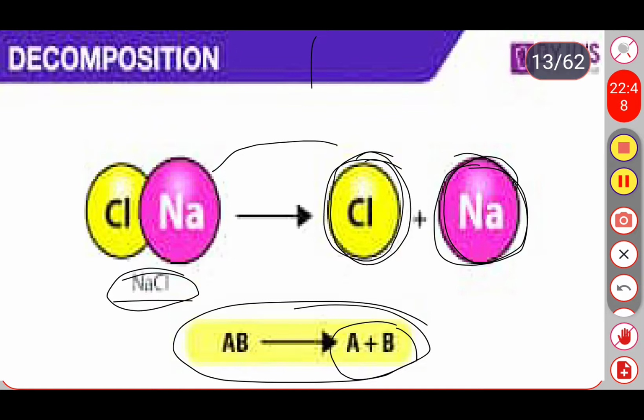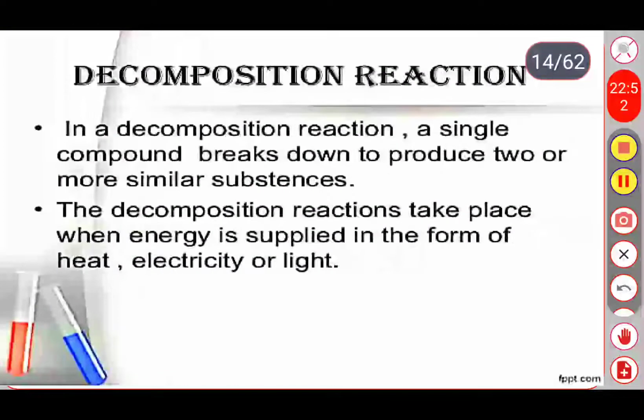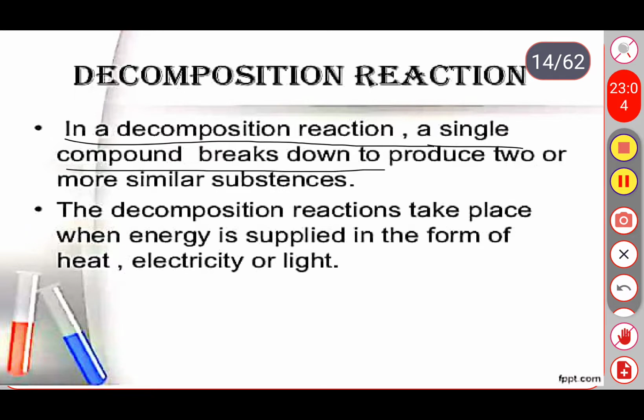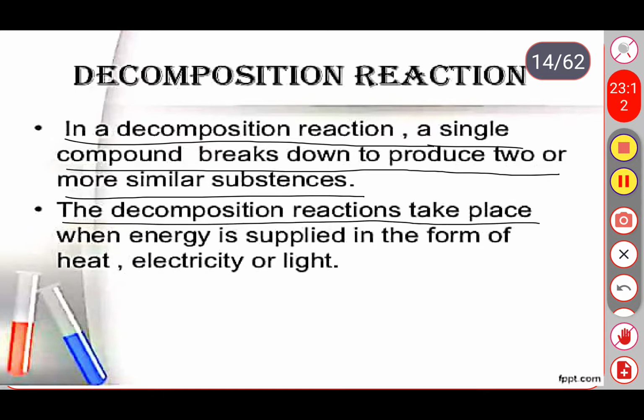Decomposition reaction. In a decomposition reaction, a single compound breaks down to produce two or more simpler substances. The decomposition reaction takes place when energy is supplied in the form of heat, electricity or light.